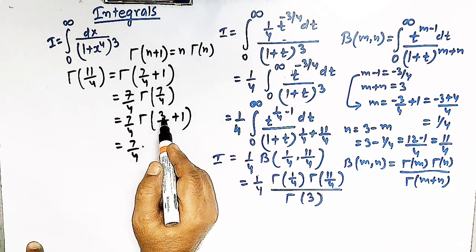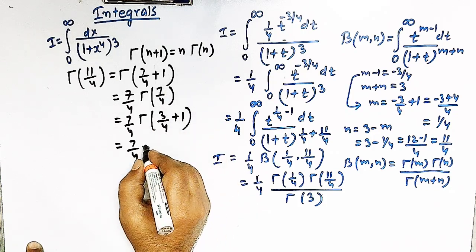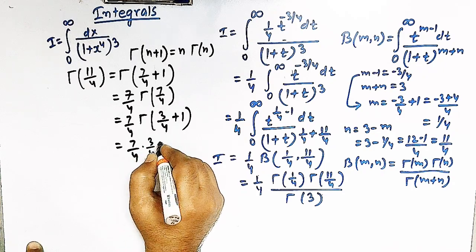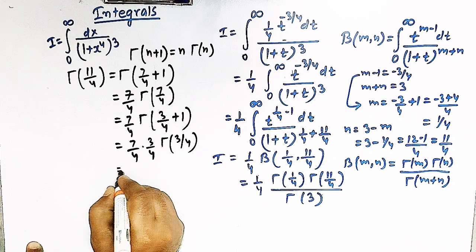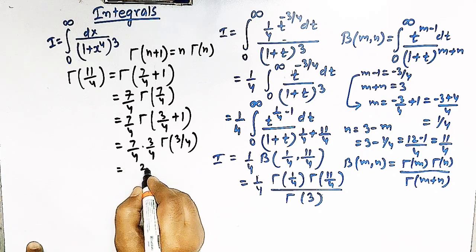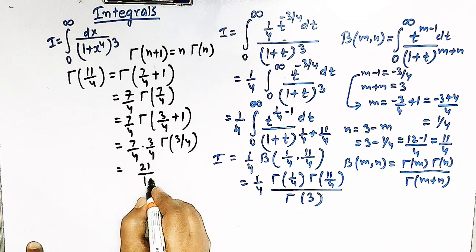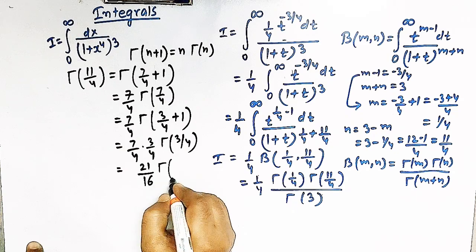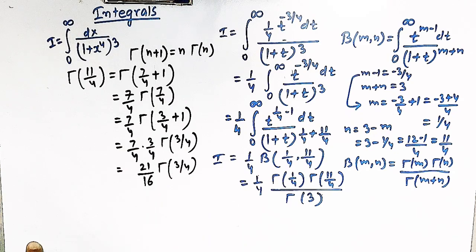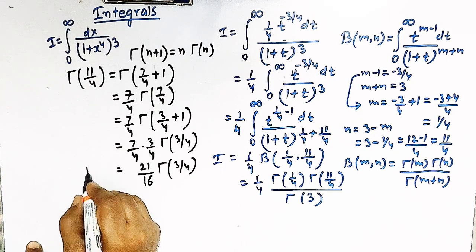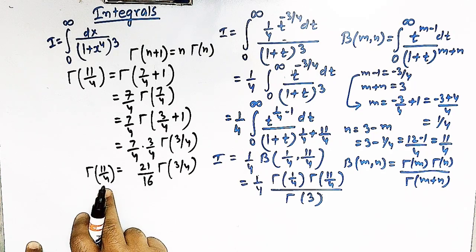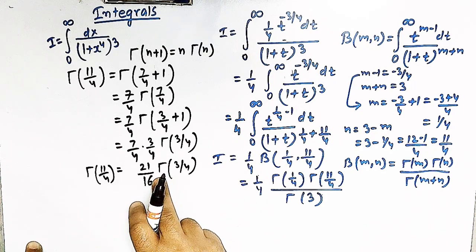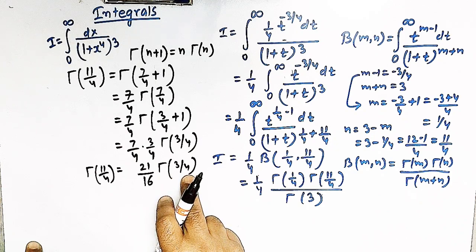Now the value of n is 3 over 4. So we have 3 over 4, and here we have gamma 3 over 4. So now this is 7 times 3 is 21. Here we have 16, and gamma 3 over 4, right? So now the value of gamma 11 over 4 can be written in terms of gamma 3 over 4.